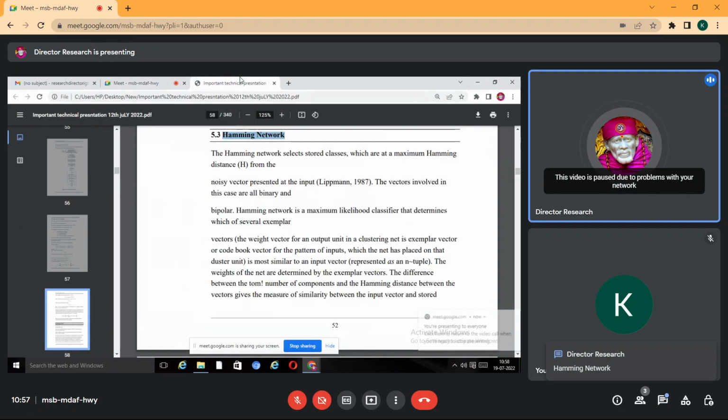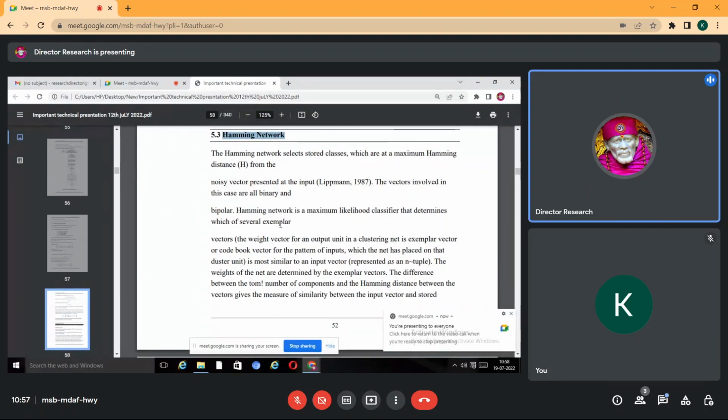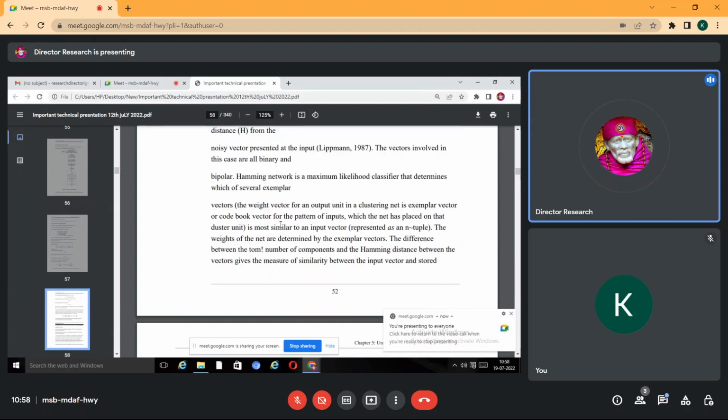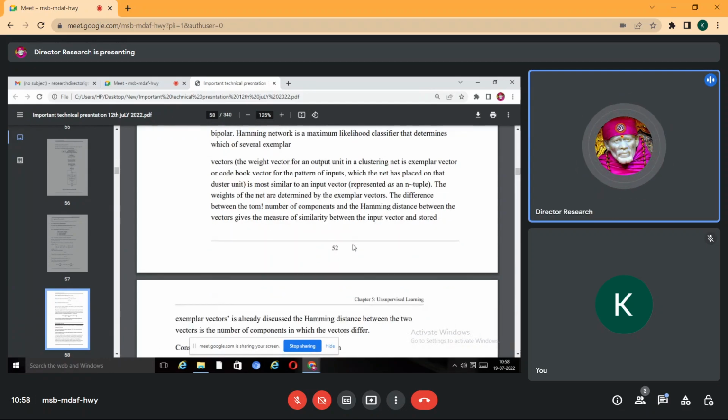The Hamming network selects classes which are at maximum Hamming distance from the noisy vector presented at the input. The vectors involved in the case are all binary and bipolar. The Hamming network is a maximum likelihood classifier that determines which of several exemplar vectors the input is most similar to.